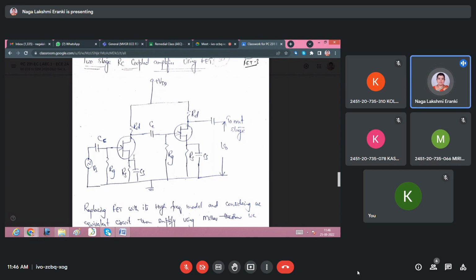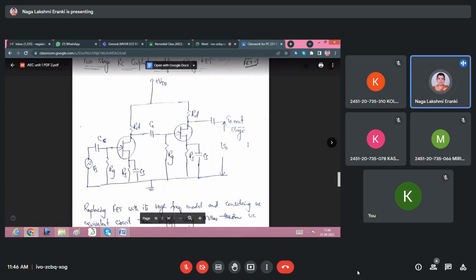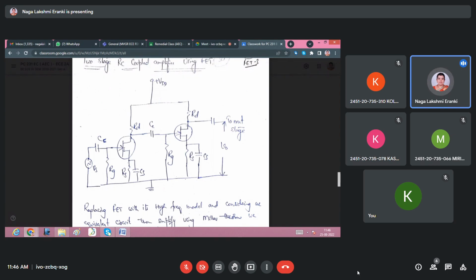So whenever we have two stages, whether it is transformer coupled, RC coupled BJT or RC coupled FET, first you have to draw the circuit diagram with the help of the devices. If it is a BJT, you connect the BJT. If it is a FET, you connect the FET. Then after drawing this, you have to take the AC equivalent.